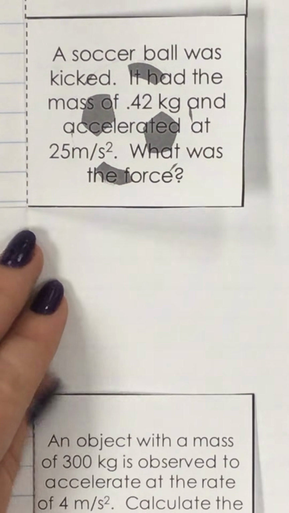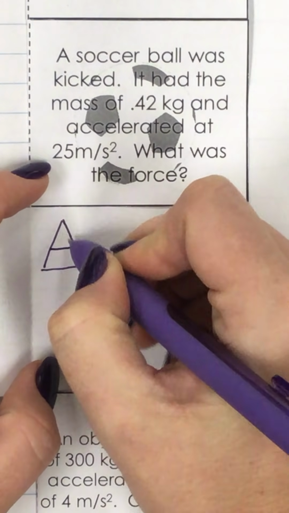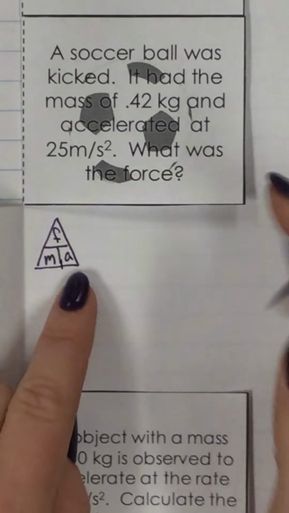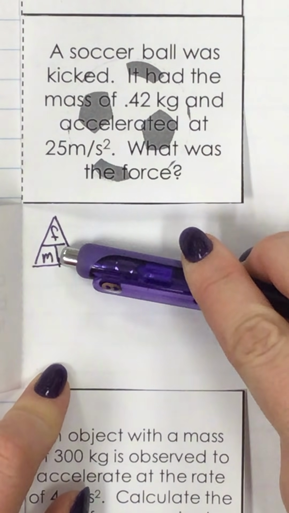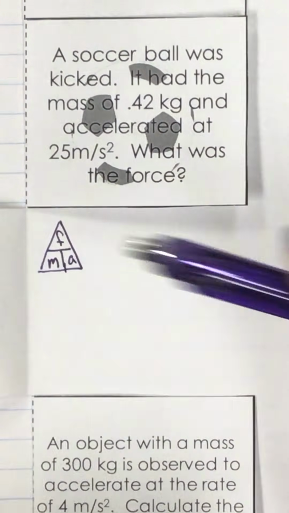So if you have your formula triangle, F, M, A. We're looking for acceleration, so you cover it up. You're left with F over M, or force divided by mass.